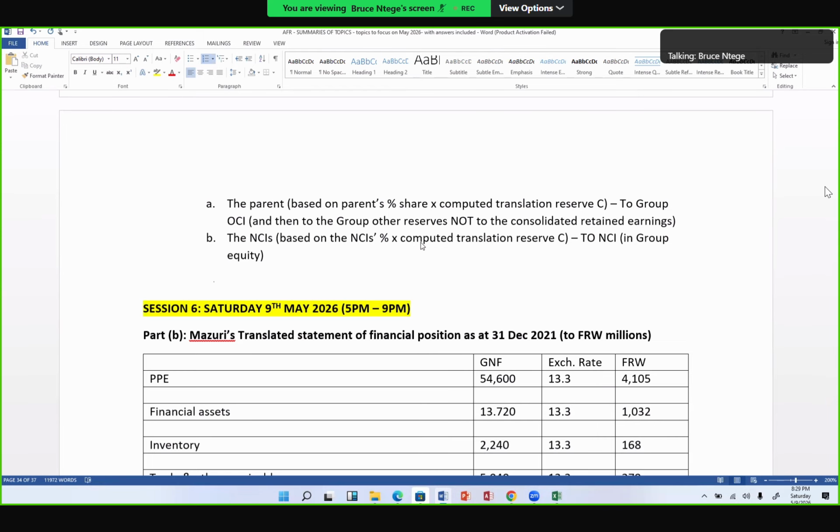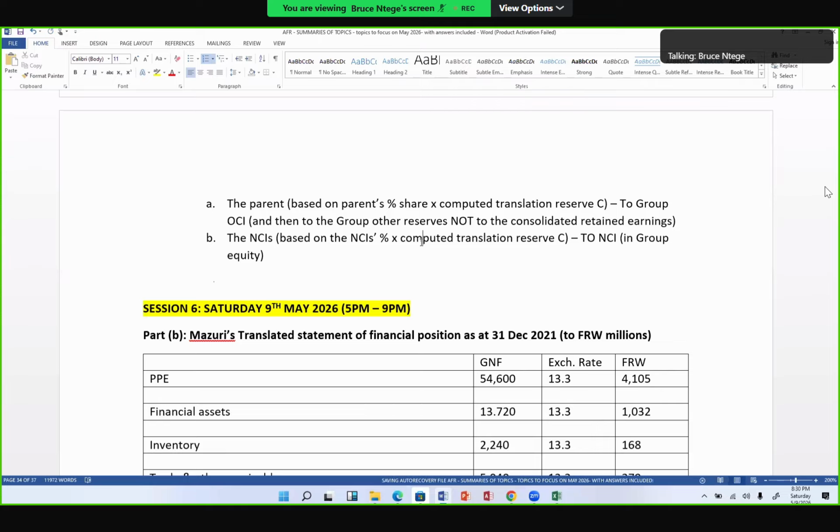It's possible you may not share all of them. Like now, the exchange differences on the translated goodwill and on the translated financial statements, I took to other reserves, not retained earnings, while the NCI continue to get their share of those translation reserves. So that's the second thing you've done in this question: translating the financial statements of a subsidiary, computing the translation reserve and allocating it.